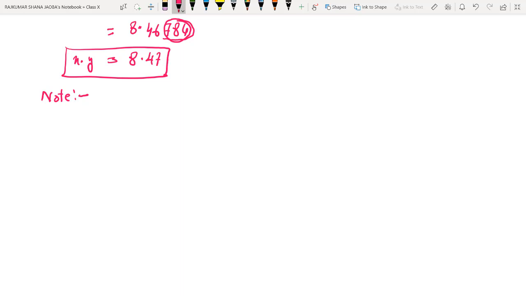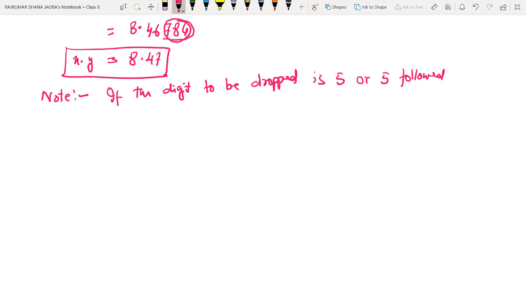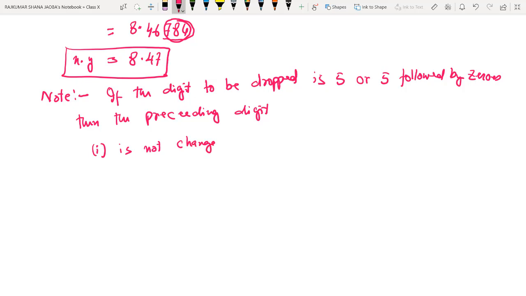So if the digit to be dropped is 5 or 5 followed by zeros, then the preceding digit is not changed if it is even.